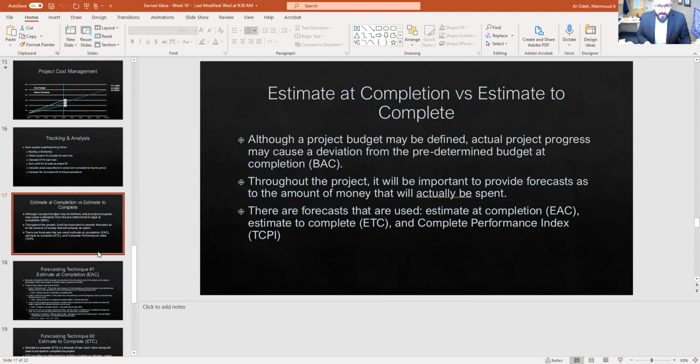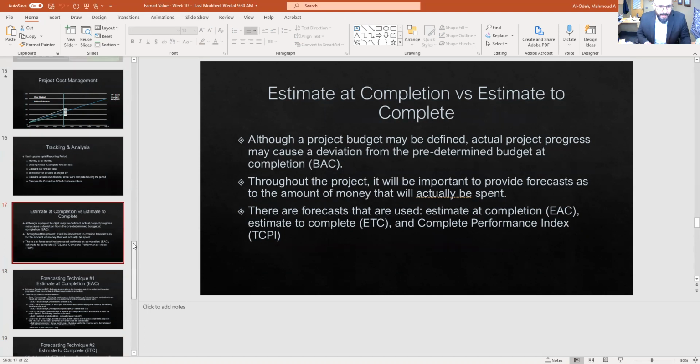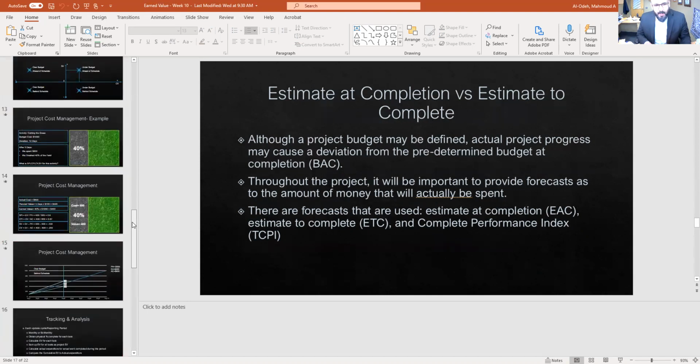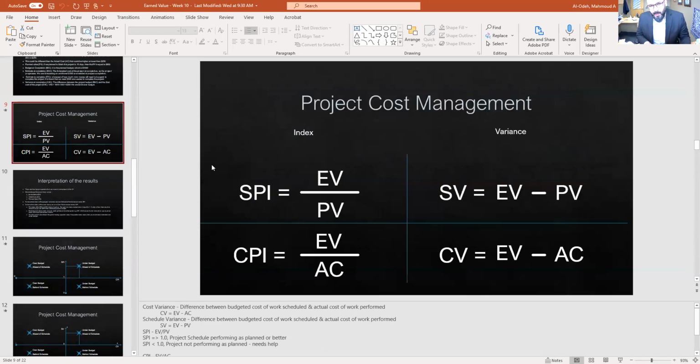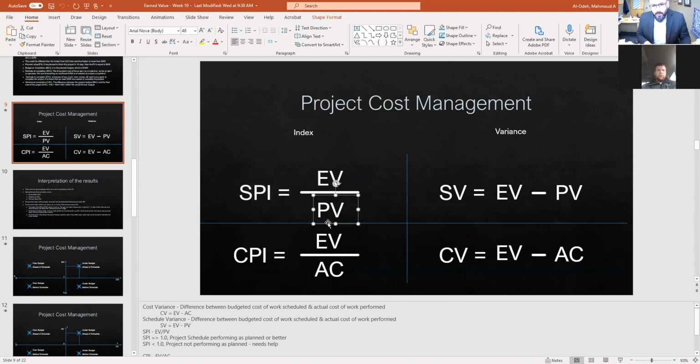On Monday, the first lecture for this chapter, we talked about these 4 key performance indexes, which will help you to identify the status of the project, whether in terms of budget or in terms of schedule. These both on the left side should be 1 or more.